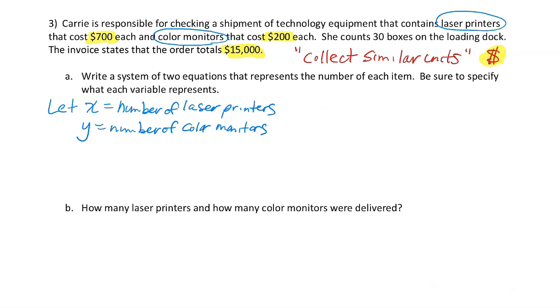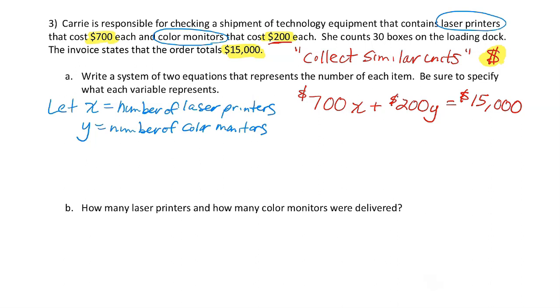If I collect those, I could write an equation based on those similar units. We have a laser printer X is $700, so that would be 700X plus they're $200 per color monitor, so $200 per Y, and that equals the total amount of money, which is $15,000.